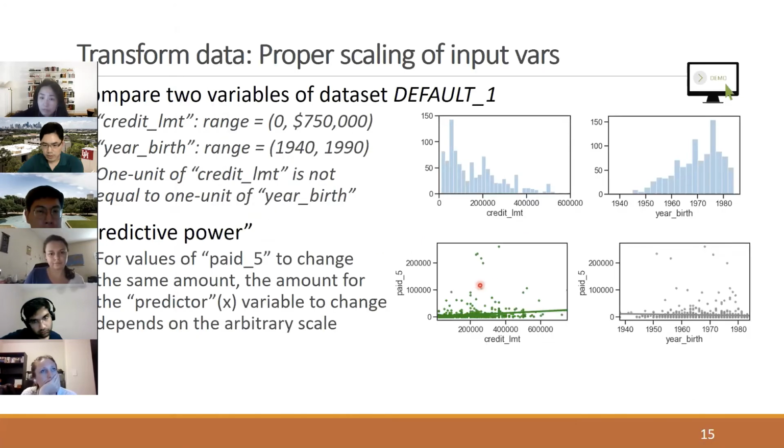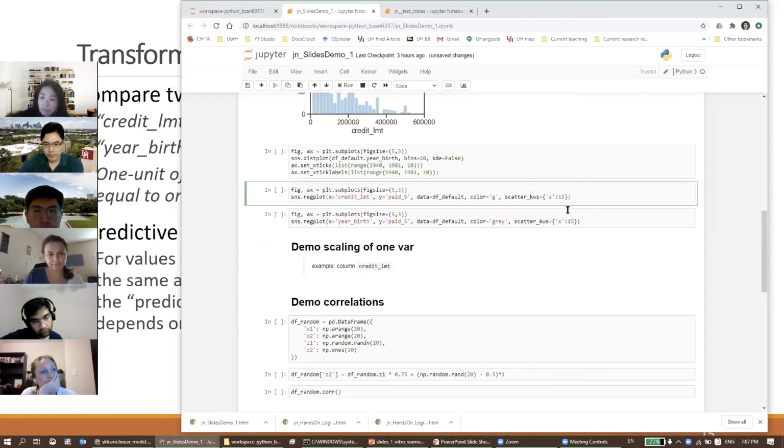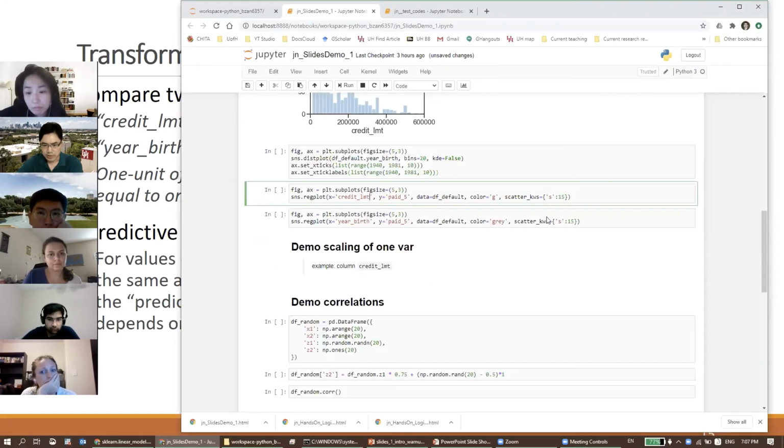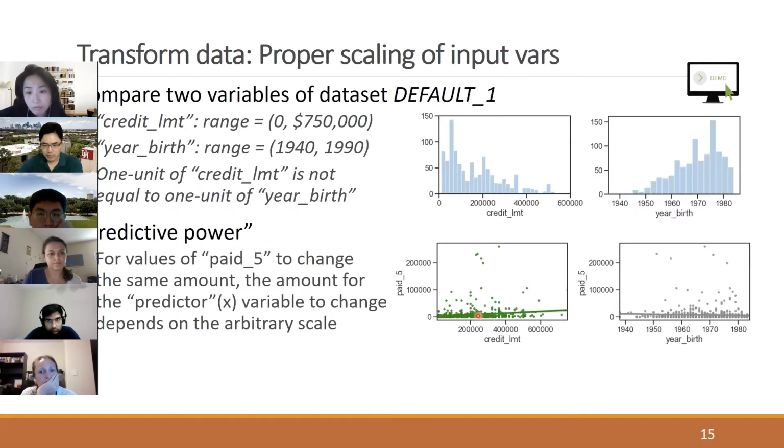Then I'll quickly implement the scatter plot. The color is green, and it's a scatter plot between paid 5 and credit limit on the x-axis. Not adding too many other properties here. The plot will put the points in there, size them appropriately, and also plot the fitted line.